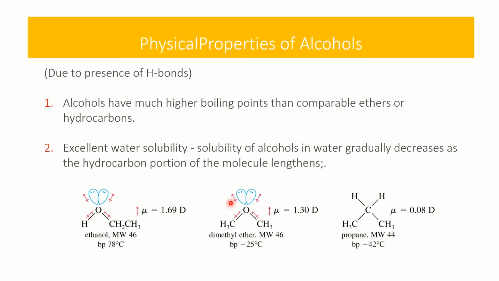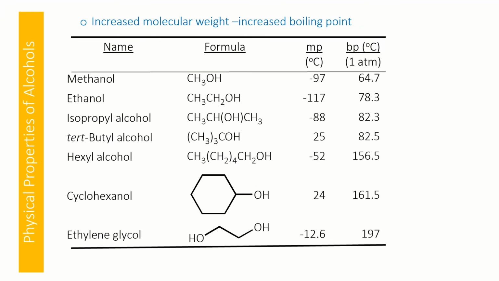Compared to an ether of similar molecular mass, the boiling point has dropped dramatically. With alkane, it's even more drastic because this does not have a permanent dipole. We can also see normal trends for organic compounds where there is an increase in boiling point as we increase the size of the molecules.